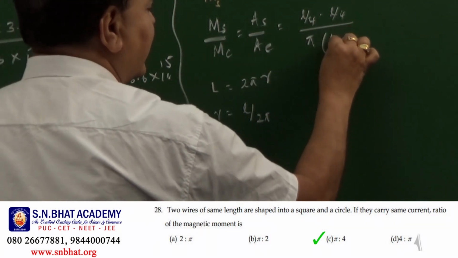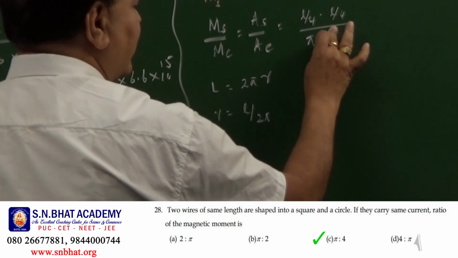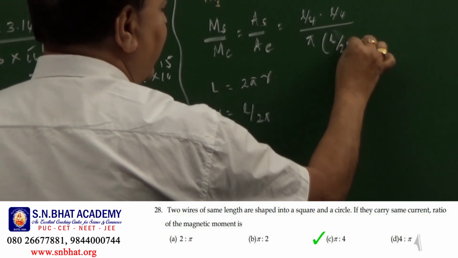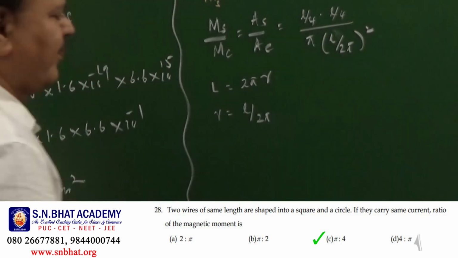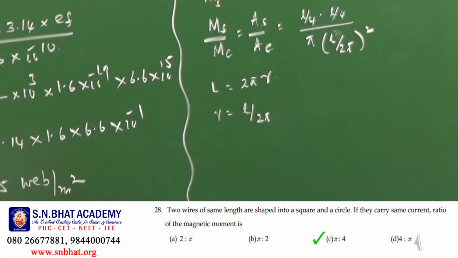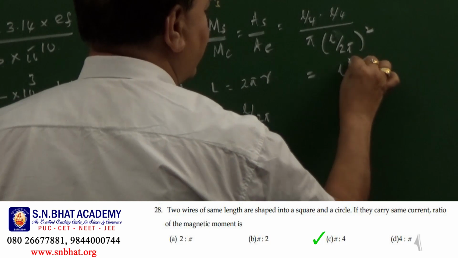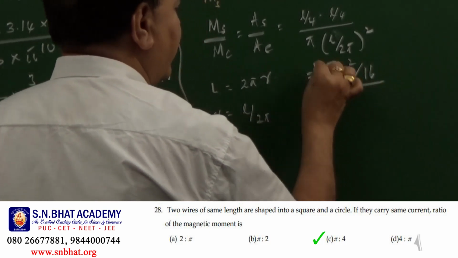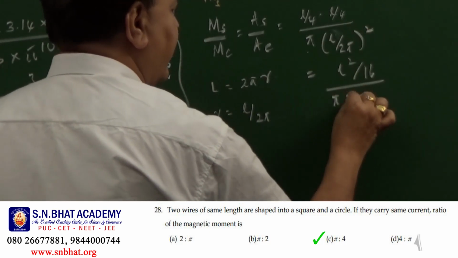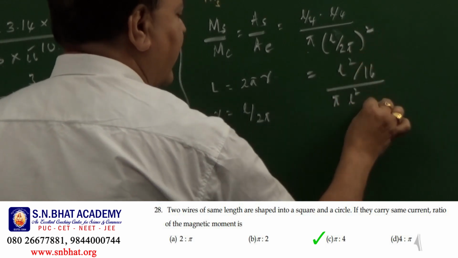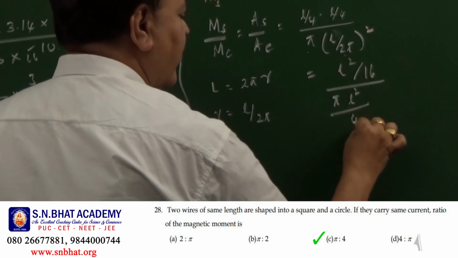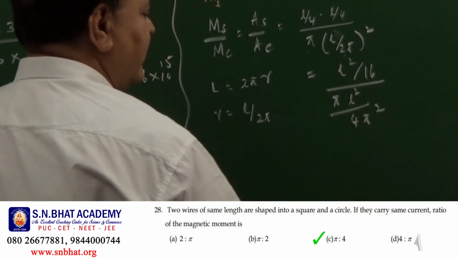So that is equal to pi into L by 2 pi whole square. Now you simplify this. This comes out to be L square by 16 whole divided by pi into L square divided by 4 pi square.